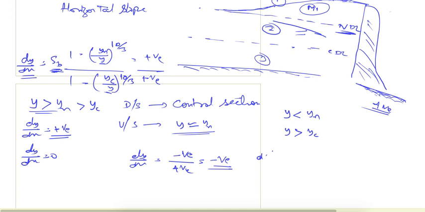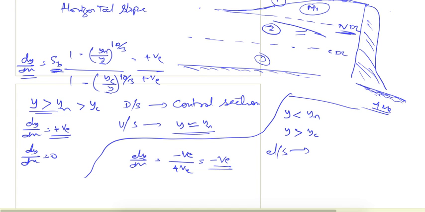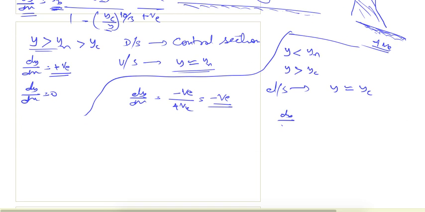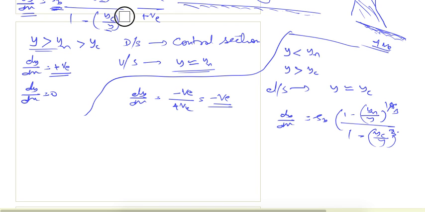So in the downstream, y is almost equal to yc, and in the formula, dy by dx has 1 minus (yn/y) to the power 10/3 on top and 1 minus (yc/y) to the power 3 at the bottom.